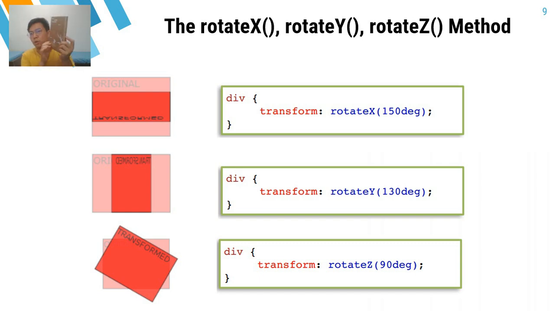That's your rotation part. And for the rotate Z, it's similar to the rotate method. So it will either move on this axis or on this axis. That is how you can use the rotate method.